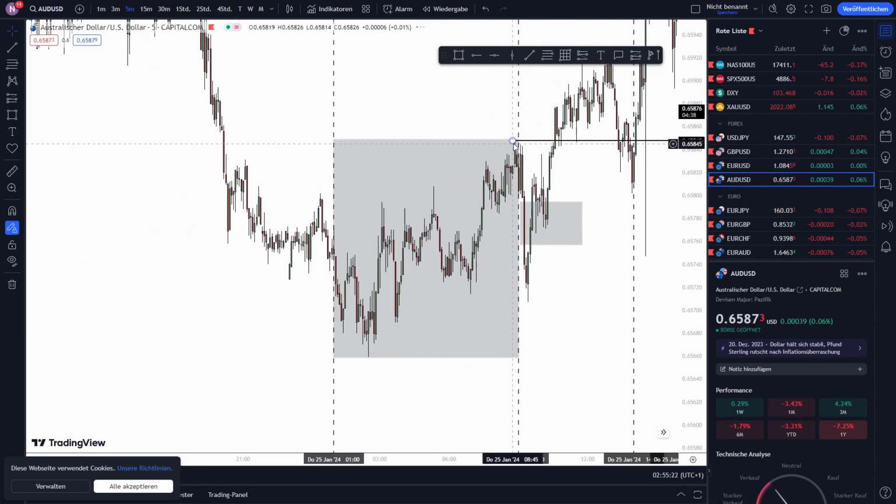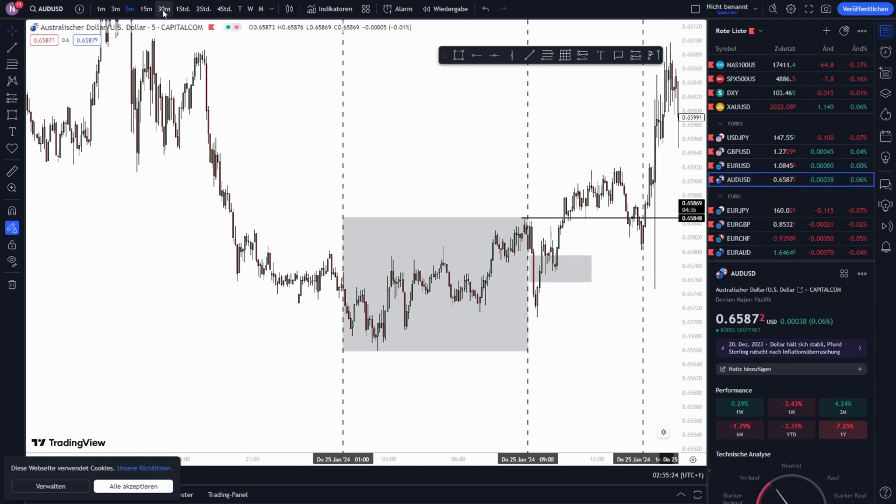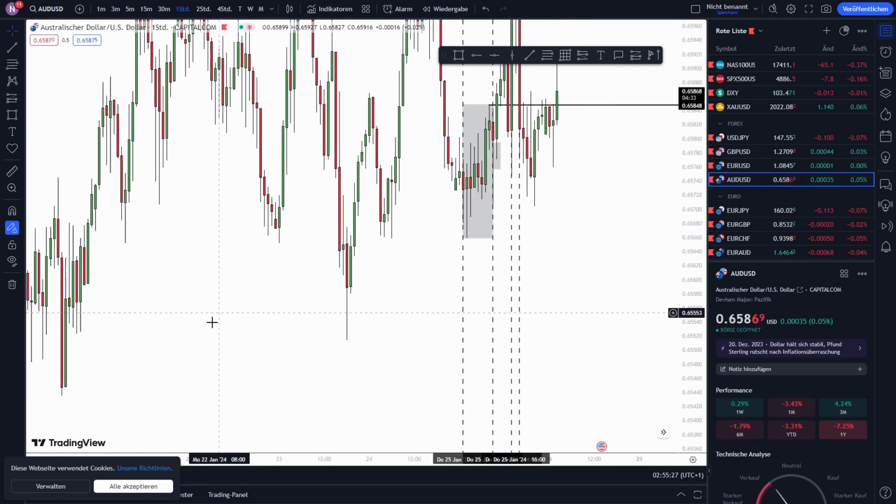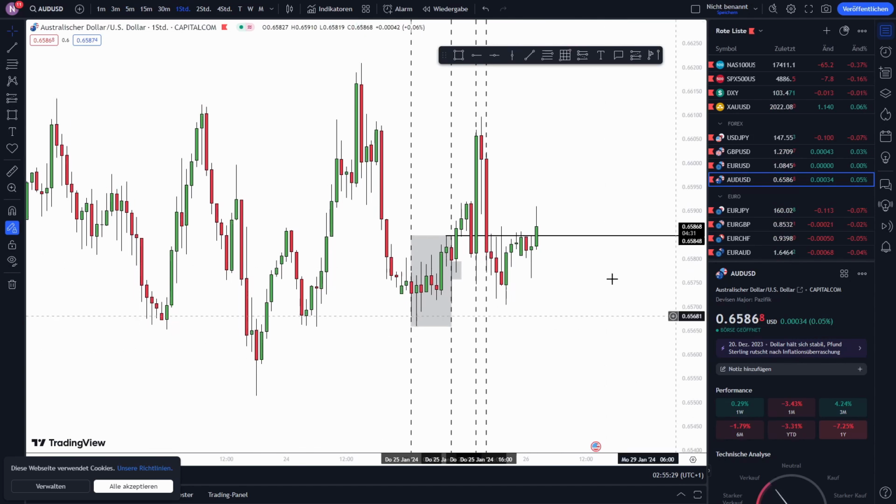It's more likely to go for the liquidity there, and it's matching with the bias because overall we can see that we clearly want to go up.